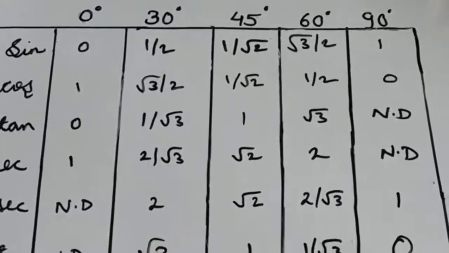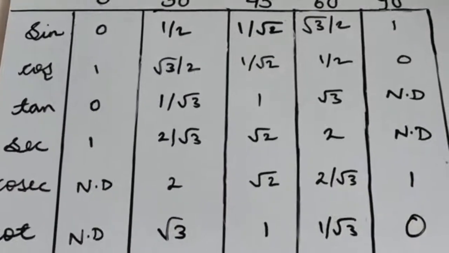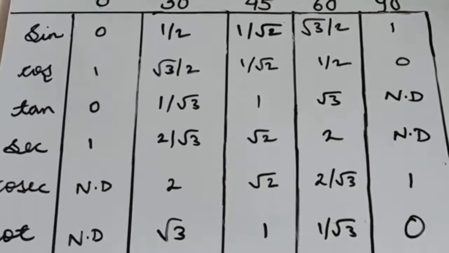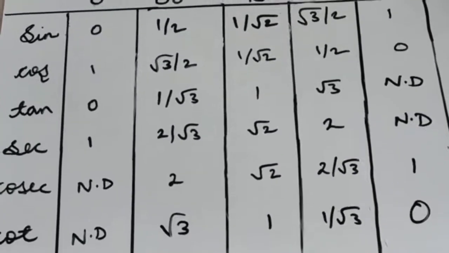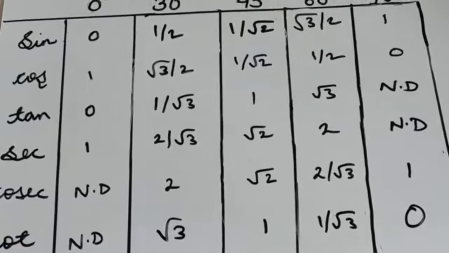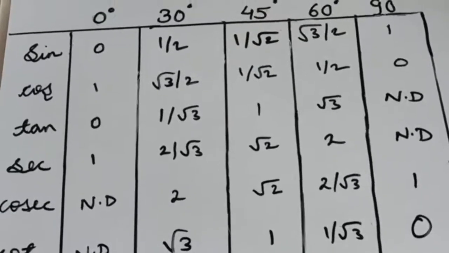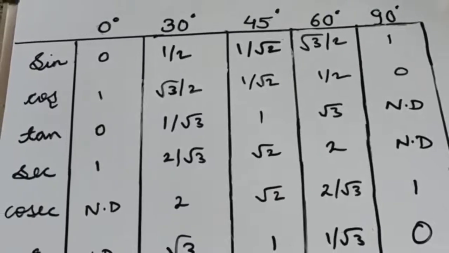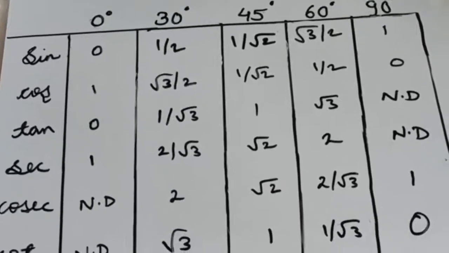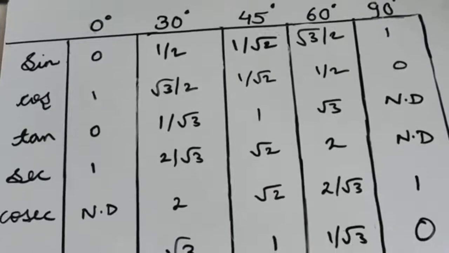These values are for our convenience so that we can solve problems based upon trigonometry easily. For the sine ratio, at 0 degree it is 0, at 30 degree it's 1 by 2, at 45 degree it's 1 by root 2, at 60 degree root 3 by 2, at 90 degree it's 1. Similarly for cos, wait.